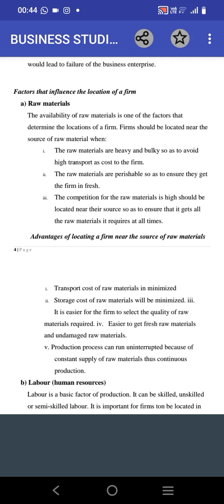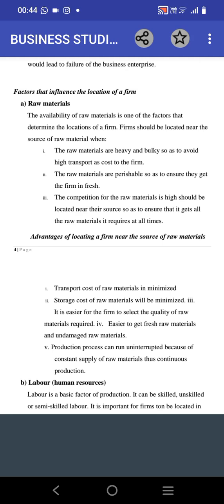Advantages of locating a farm near sources of raw material. What are these advantages you get by locating your farm near the raw materials? The transportation of raw material is minimized. It reduces the transportation. The storage of raw materials will be minimized.